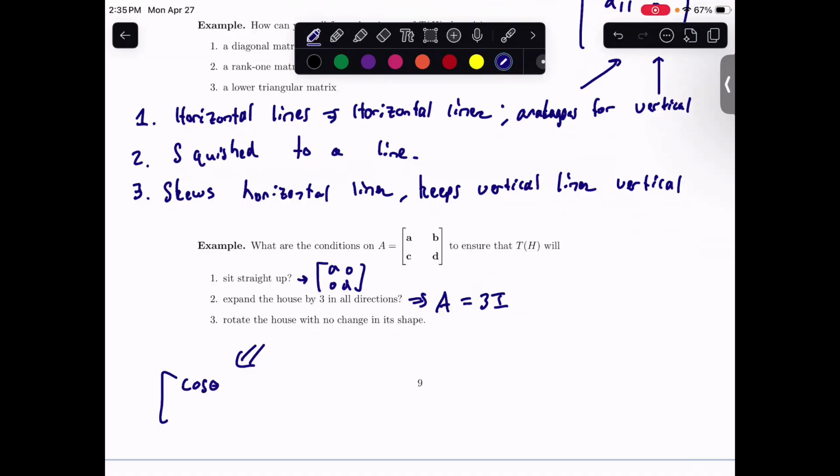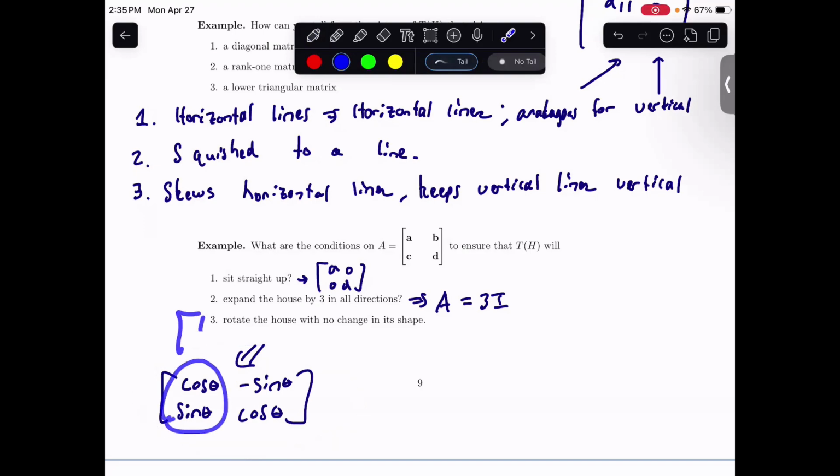So it's cosine theta, sine theta, and then minus sine theta, cosine theta. We talked about this matrix in the past. You should be thinking this is kind of like, if you have 1, 0 here, turning it into polar coordinates. And if you have 0, 1 here, this would ensure that at theta equal to 0, you start at the point 0, 1, which is kind of like at pi over 2 almost.